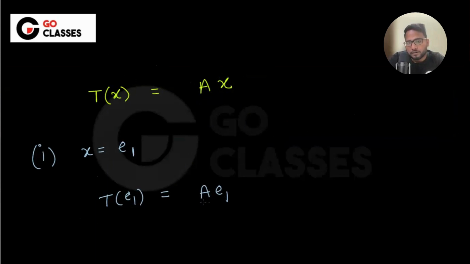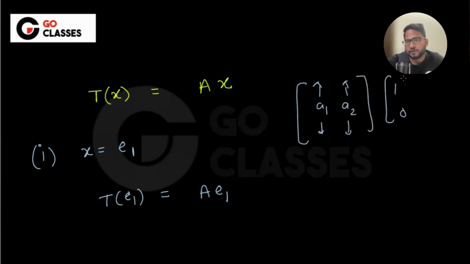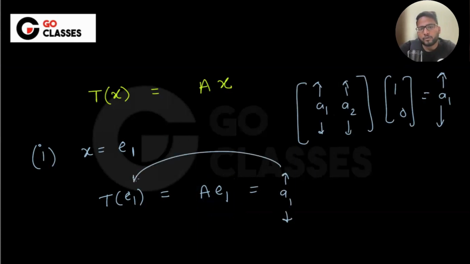So this A into E1, if you multiply, is the first column of A, right? So A is nothing but A1, A2, let's suppose, and then if you multiply with E1, which is 1, 0, you will be getting just A1. Finally, A1 is coming out to be TE1.